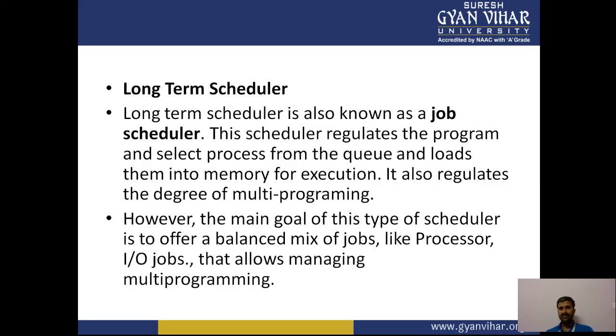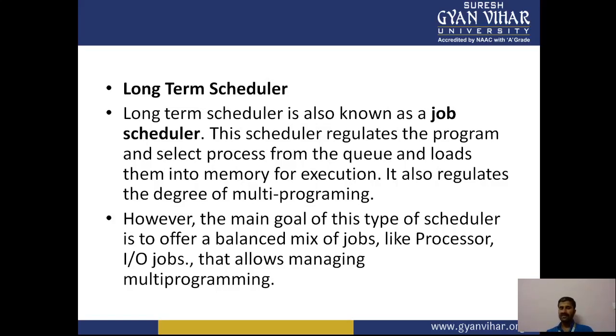So what can the long-term scheduler, LTS, do? It selects processes from the queue and loads them into memory. When a process changes state from new to ready, the LTS is used, moving it from the secondary memory to the main memory.